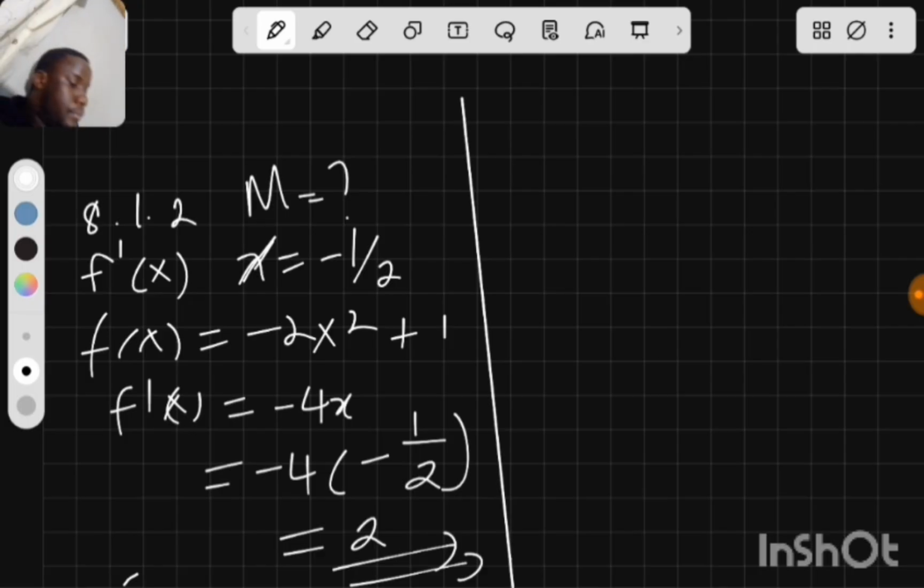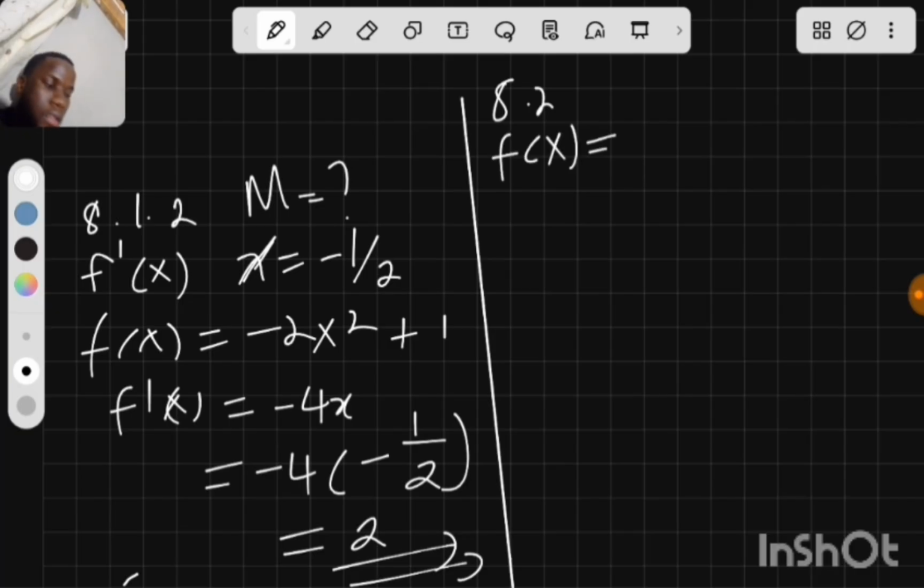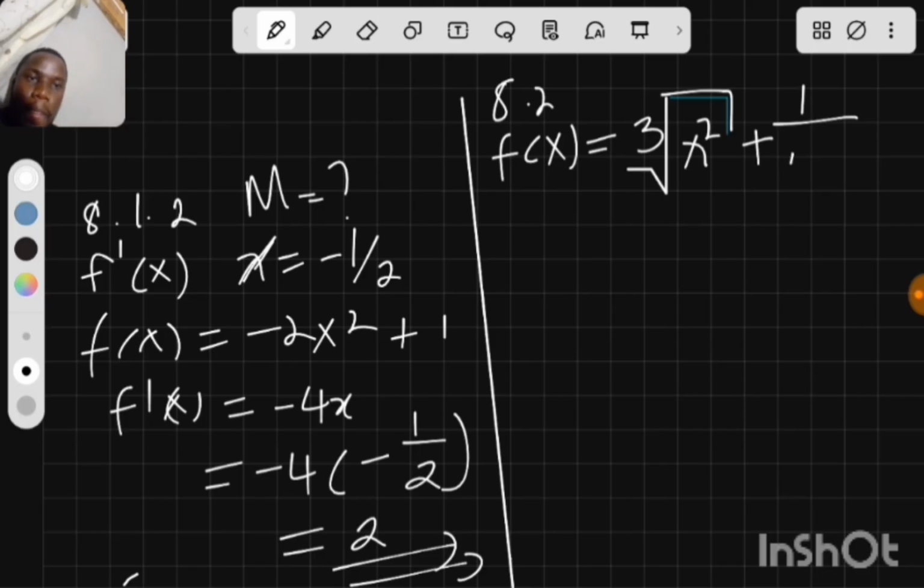Then we look at 8.2, where we must determine the derivative. They gave us f of x equals 3 times the cube root of x squared plus 1 over 4 x to the power 4.